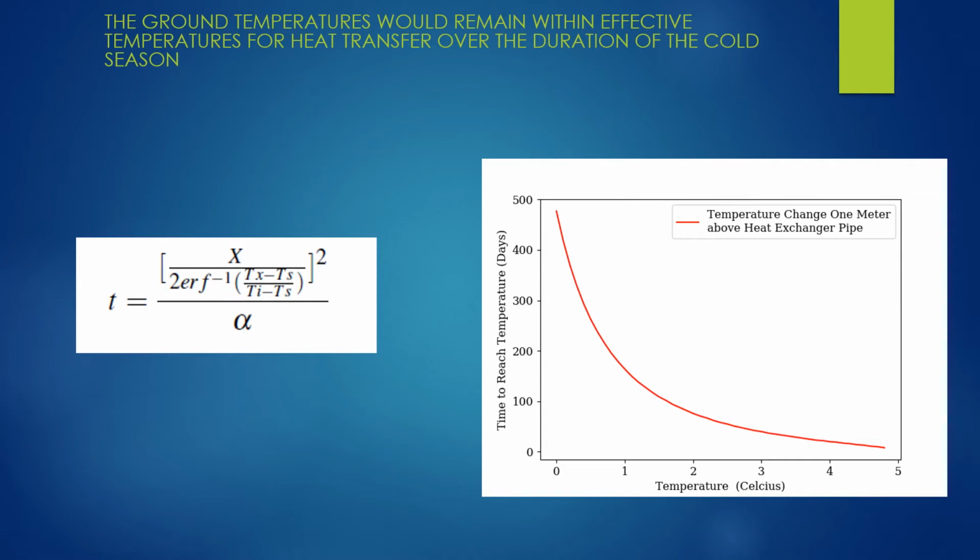We also wanted to consider how the ground temperature behaves over time while we're pumping so much heat into it and pulling so much heat out of it over extended periods of time through the winter and summer months. We calculated the change in temperature over time with equation 5.57 in the 5th edition textbook for this class, Fundamentals of Heat and Mass Transfer.